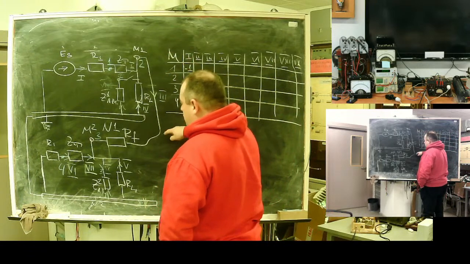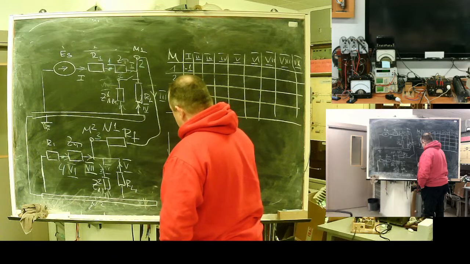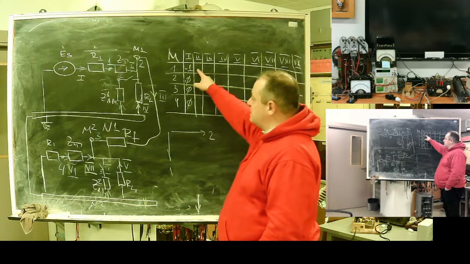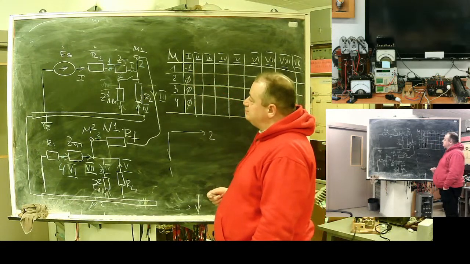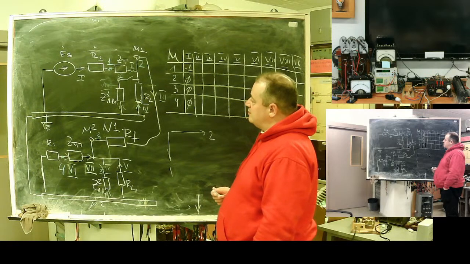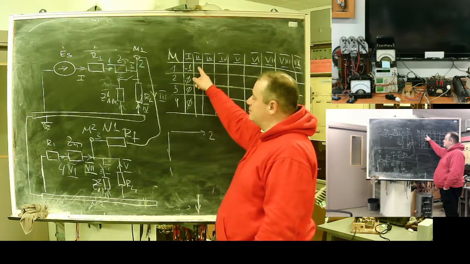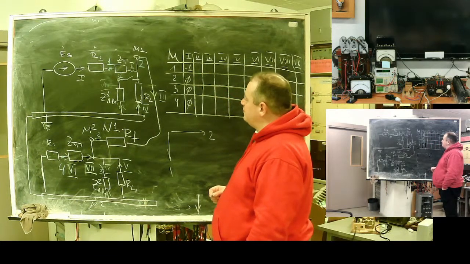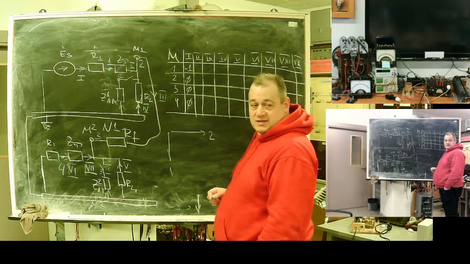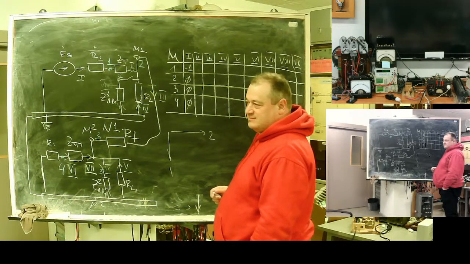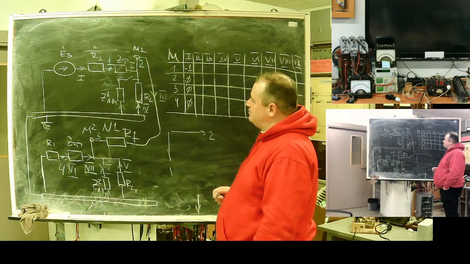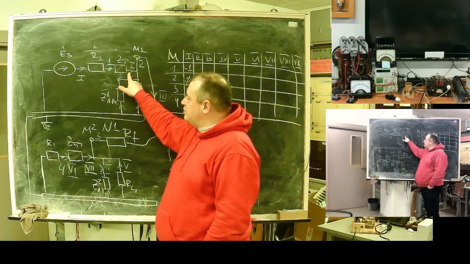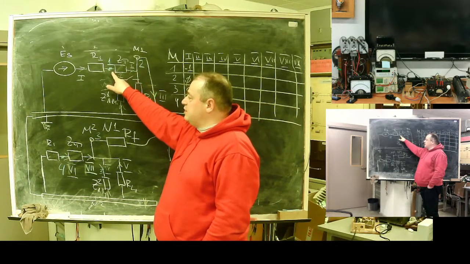First dimension. This is dimension 1, this is dimension 2. This element, what am I writing? Any ideas? What's this? Branch number 2. And in or out?